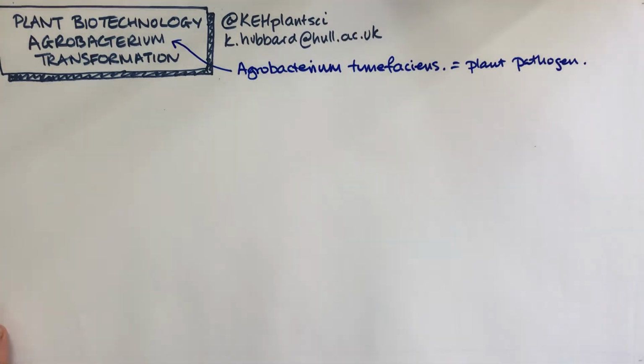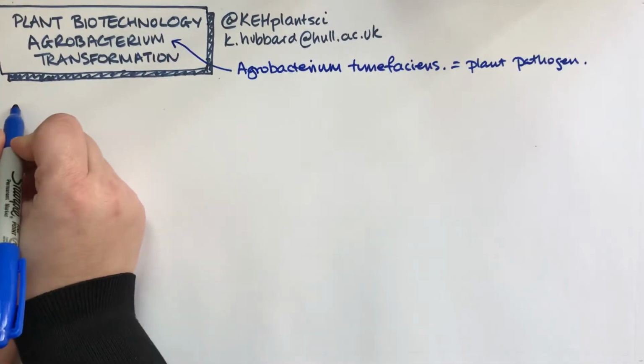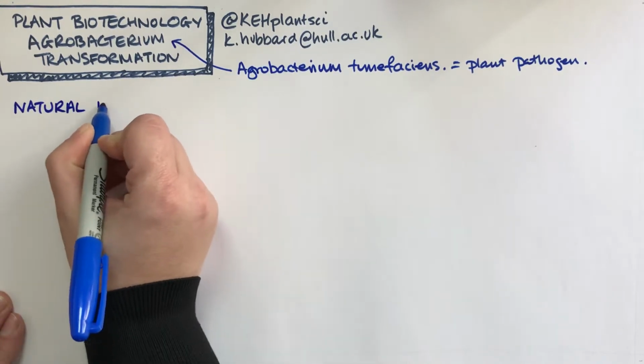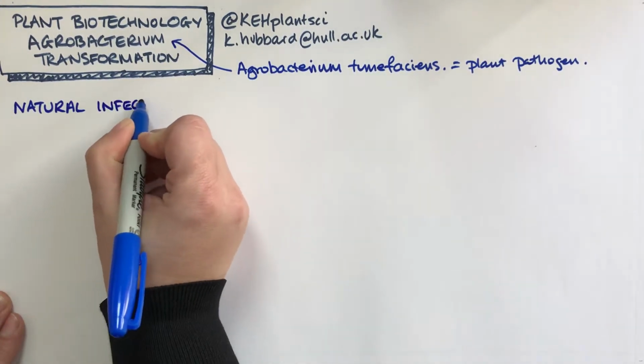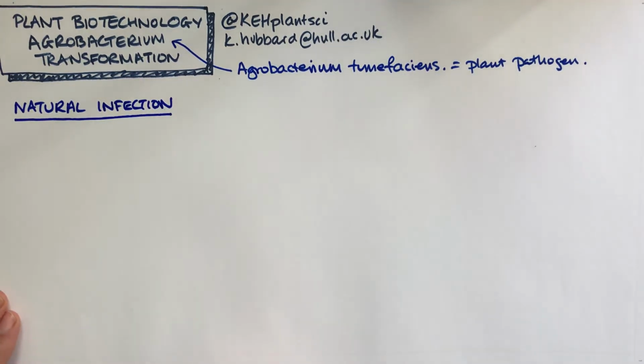But the way that it infects plants is particularly interesting and involves actually putting new DNA into the plant. And this is why it's used in biotechnology. So I'm going to go through two things. First of all, I'm going to talk about the natural infection system, because if we understand this first, then it makes it easier to understand what's going on in the biotechnology.